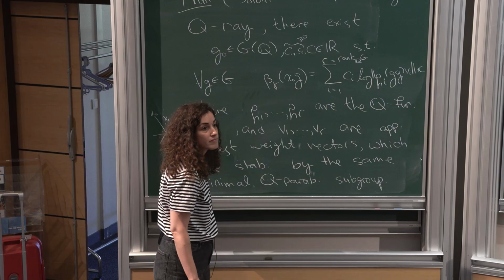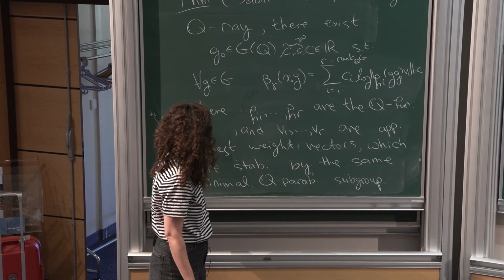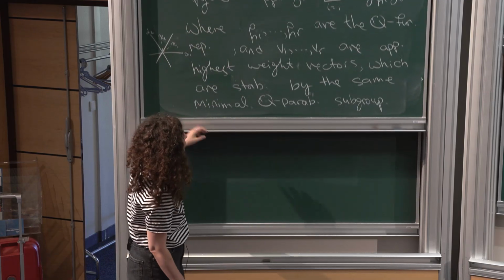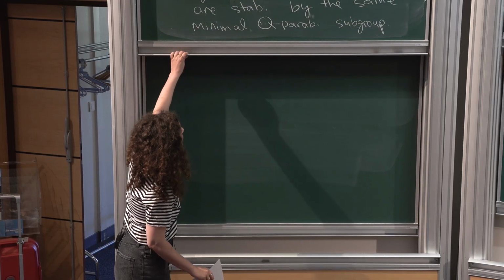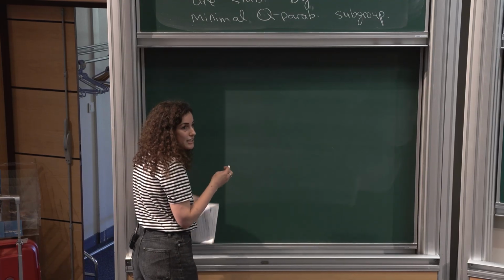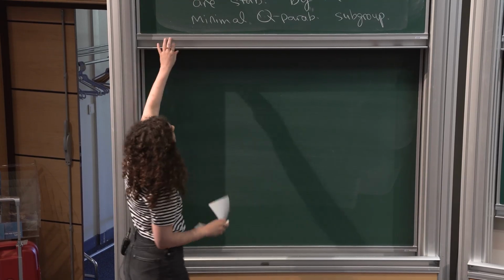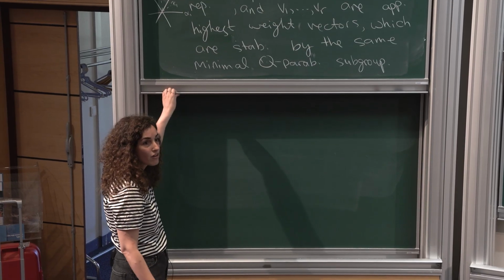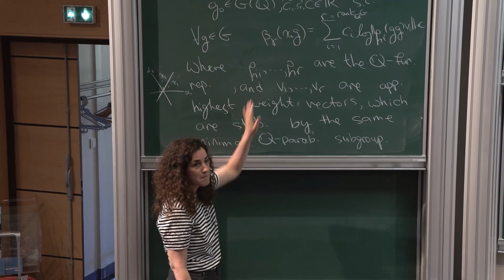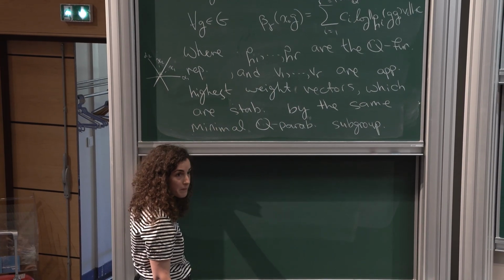Can you say some words again on the representations ρ1 to ρr? Okay. Yes, I can. These are again the fundamental representations. It means that each of them has what is called the highest weight vector, which is going to be stabilized by some maximal Q parabolic group.